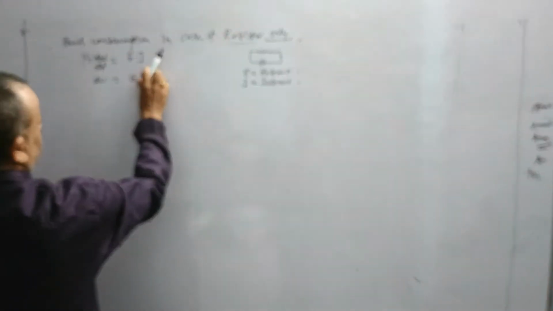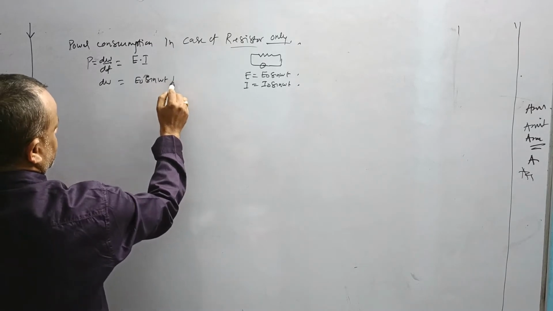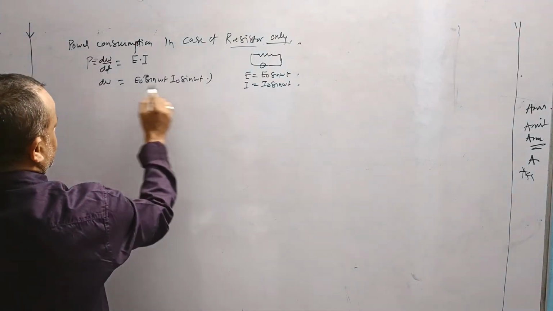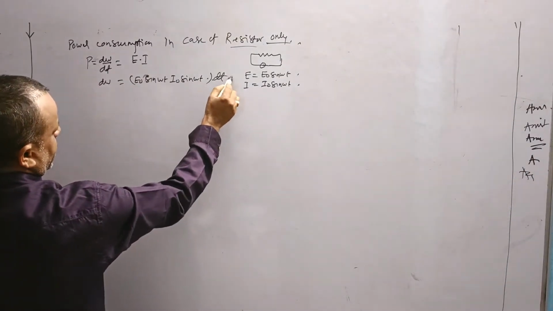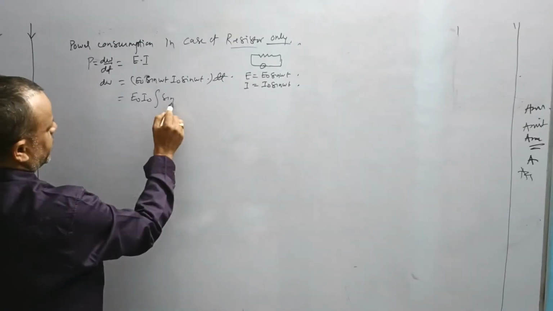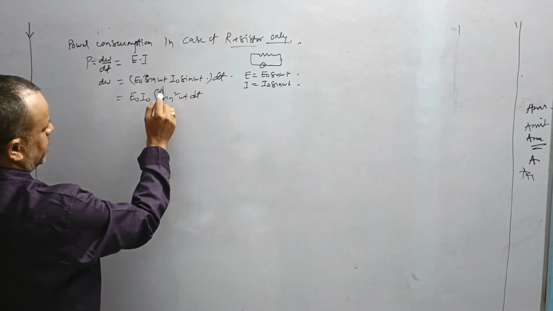In place of E, we write E naught sin omega t, in place of I, I naught sin omega t, and delta t goes to this side. This is E naught into I naught, integrate sin square omega t delta t from 0 to T.